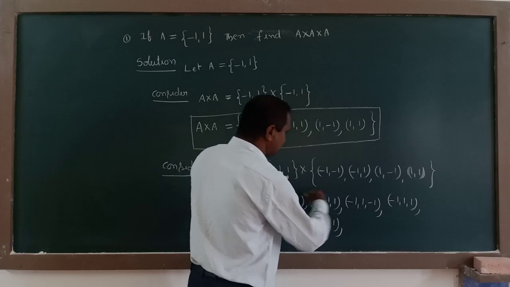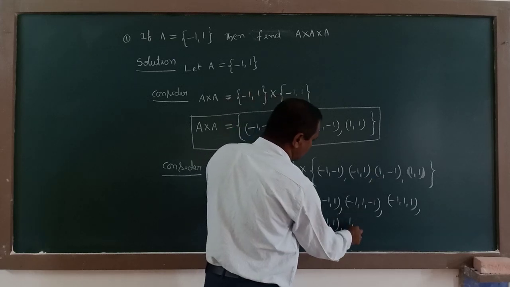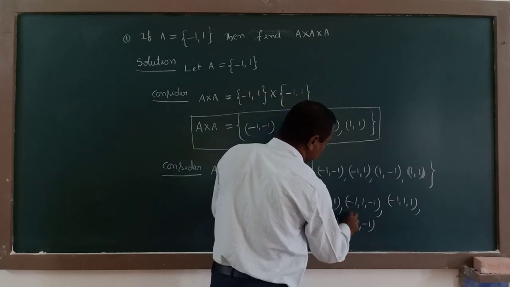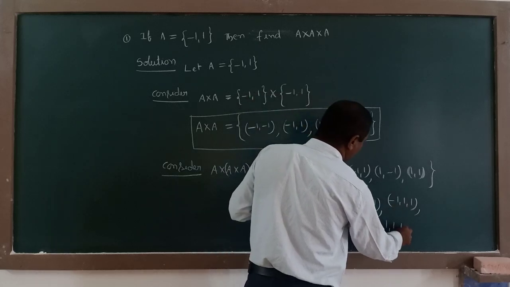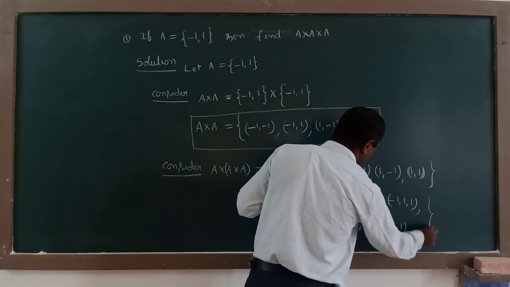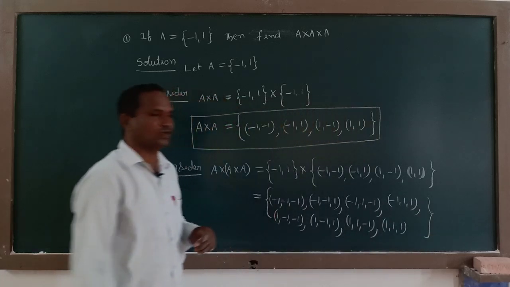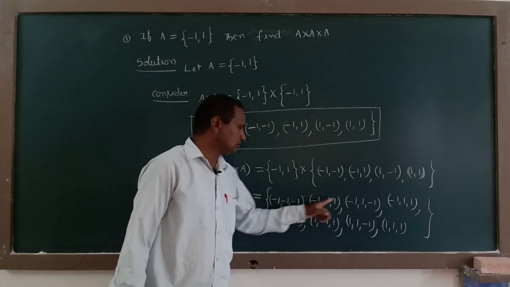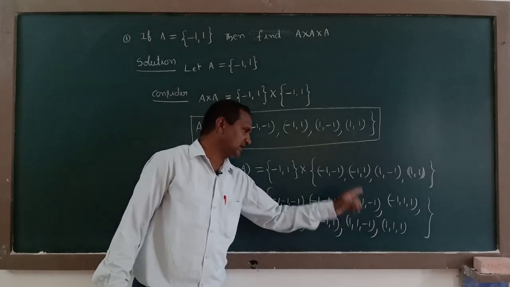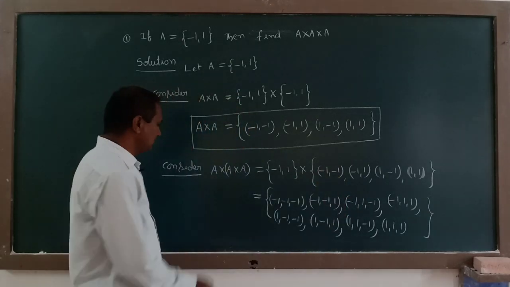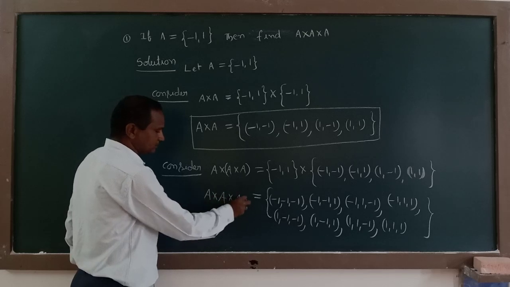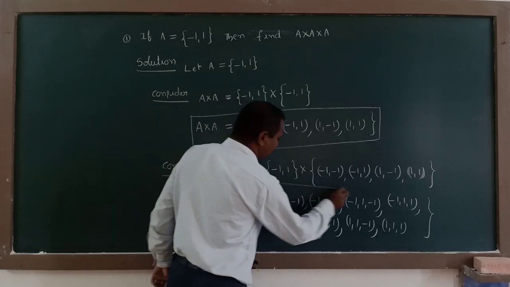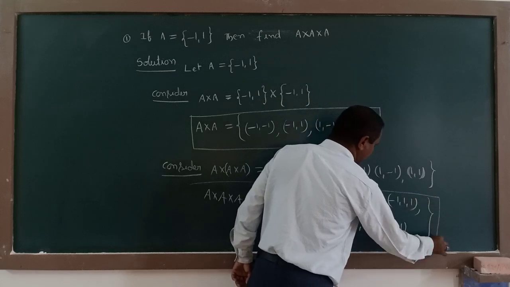Next 1 comma 1 comma minus 1. Next 1 comma 1 comma 1. Like that, in total we got 8 elements: 1, 2, 3, 4, 5, 6, 7, 8. This is A cross A cross A, the triplet elements for the set capital A.